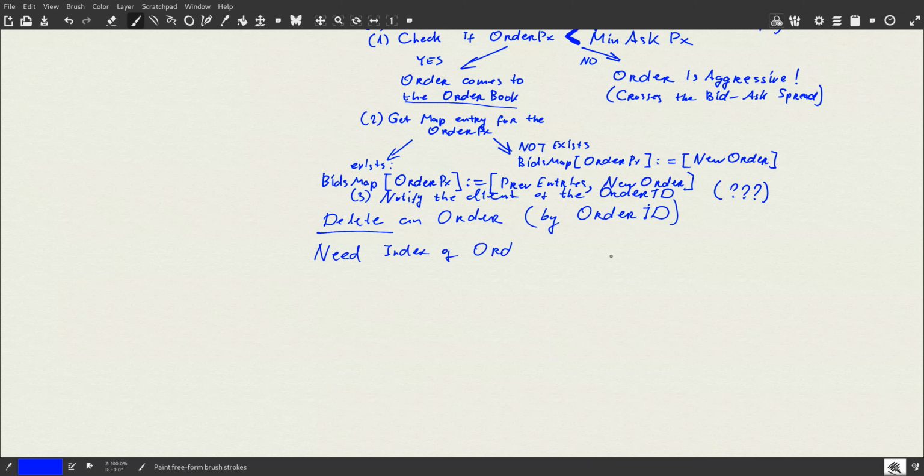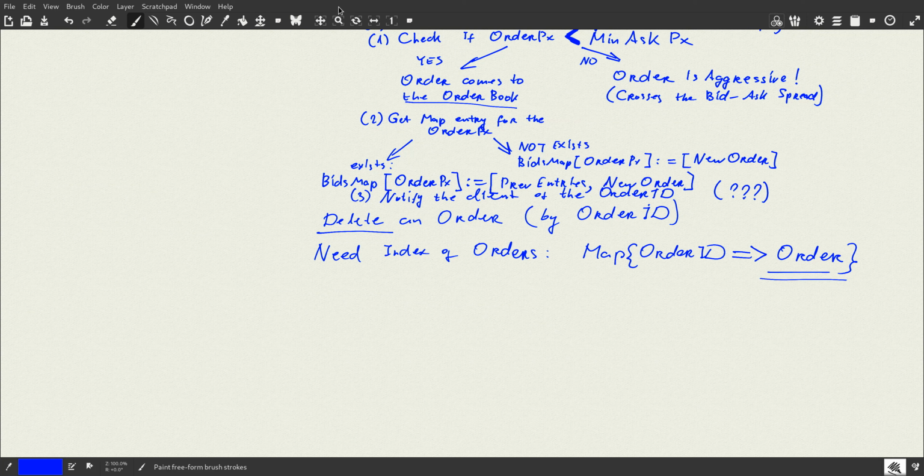And this is a map from order ID to, you know what, maybe even to the order itself, because then full details of the order are known.